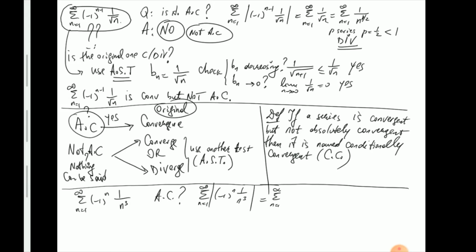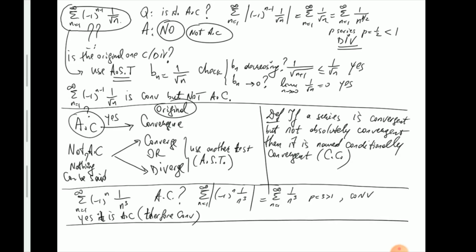That's a p-series with p greater than 1, which means convergent. So for the original one, yes, it is absolutely convergent, and therefore convergent as well. You don't even need to say this, because absolute convergence implies convergence.